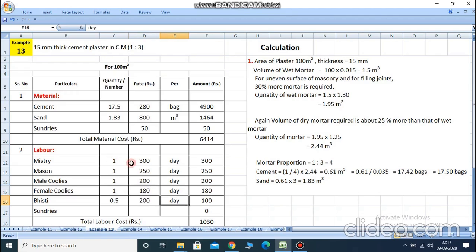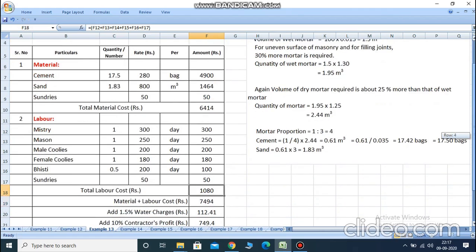So 1 multiplied by 300 we got 300, 250, then 1 multiplied by 200, 200, 1 multiplied by 180, 180, and 0.5 multiplied by 200, 100 rupees, and extra cost we take 50 rupees. So now summation of 300, 250, 200, 180, 150. So we got the summation 1080 rupees as a labor cost.